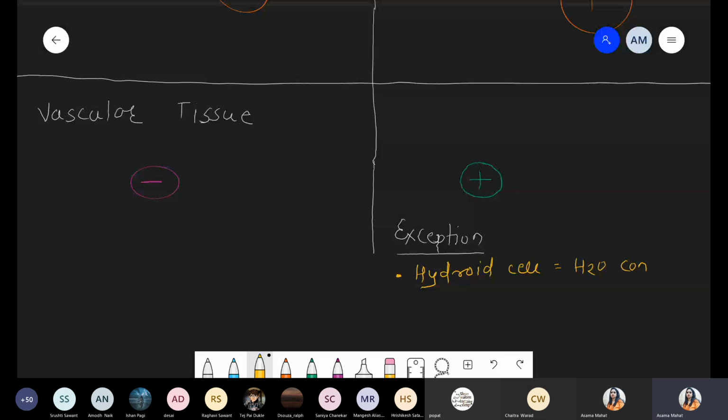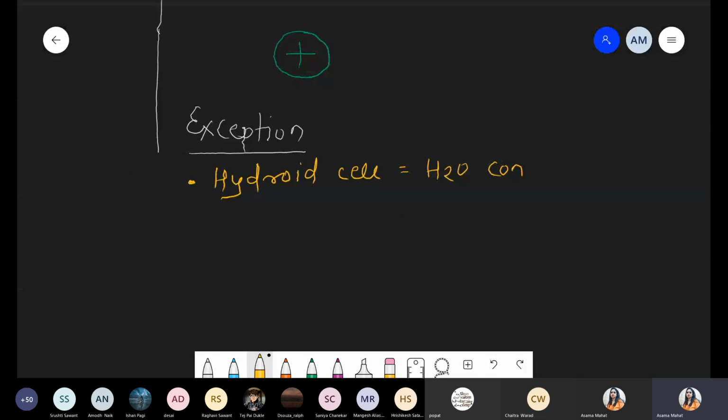in mosses. So these are responsible for water conduction, and the other cell is the leptoid. Hydroid and leptoid cells. These leptoid cells are responsible for food conduction.